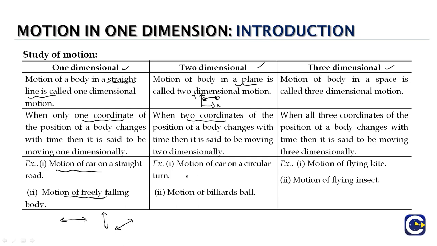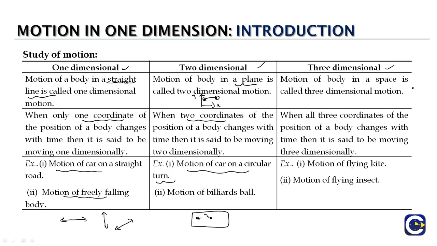Examples are circular motion, and also a billiards ball moving on the billiards table. So this is also an example of two-dimensional motion.